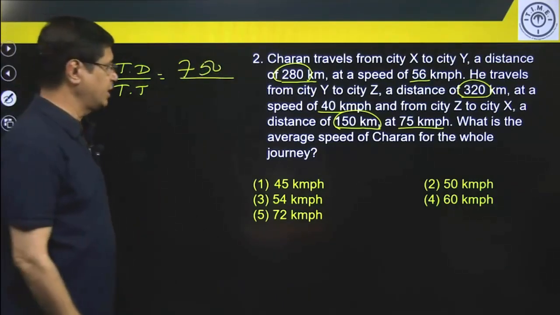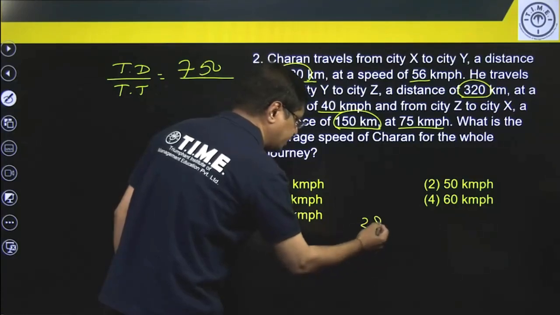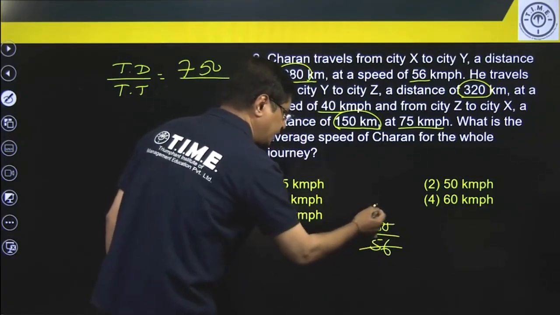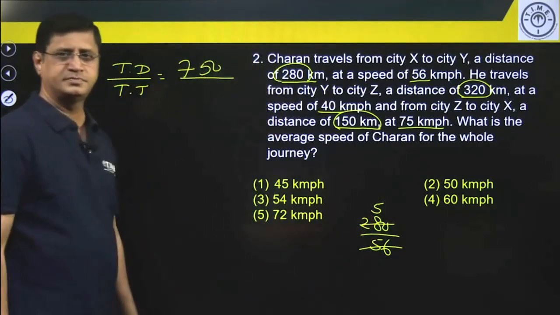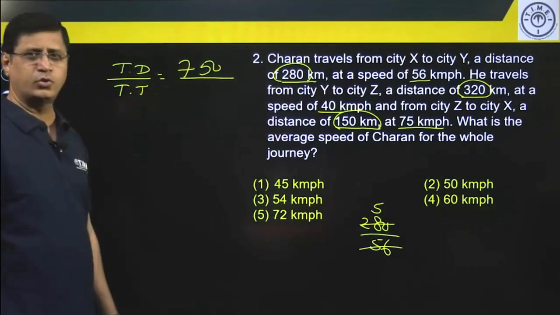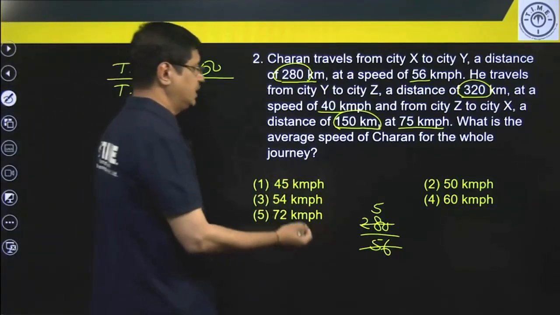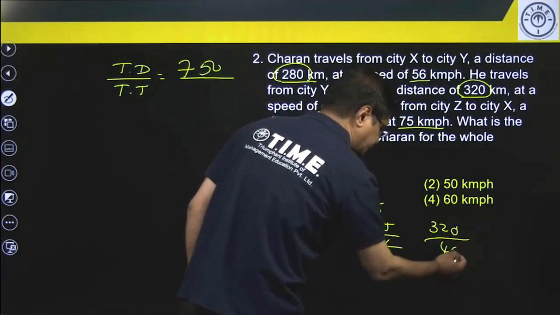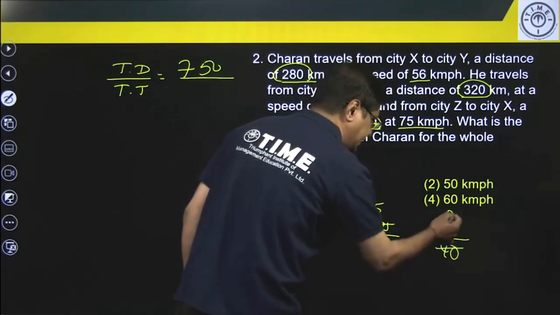What about the total time? 280 km traveled with a speed of 56 km per hour means traveled for 5 hours. He covered 280 km in 5 hours. Now the second part, 320 km traveled with a speed of 40 km per hour means 8 hours he took.